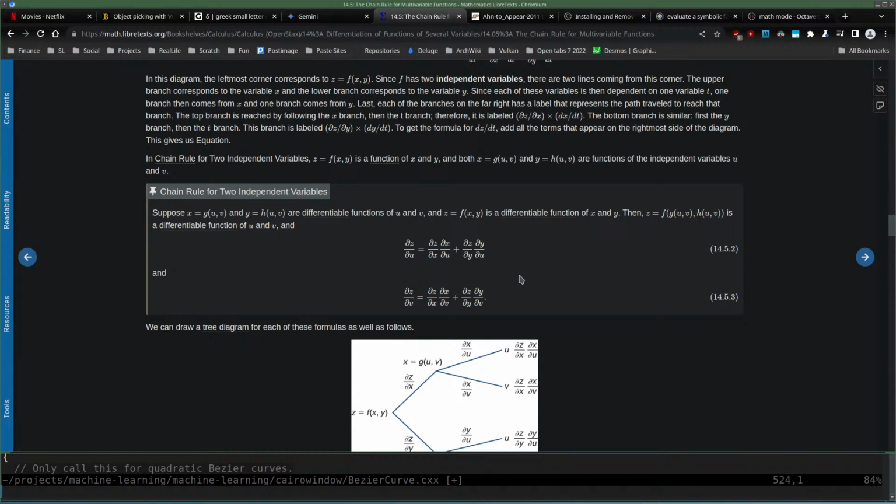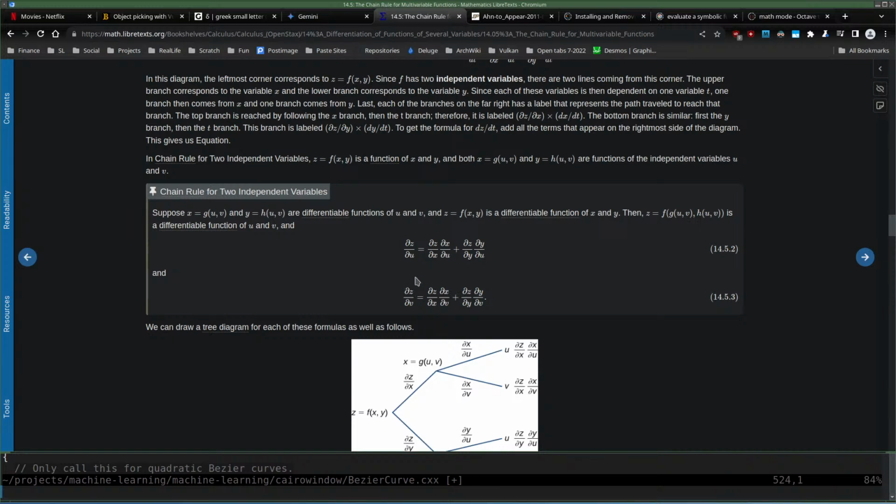Yeah, okay. So my G and F are X and Y here. And Z is H and U is X. But then it works. I only want to talk about one variable, but I have two variables because I actually have many variables.